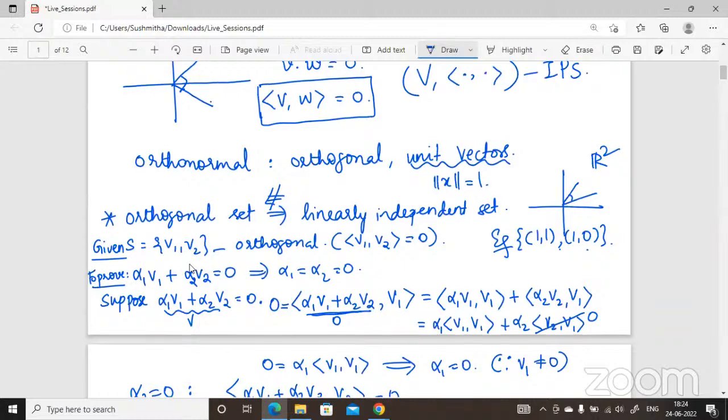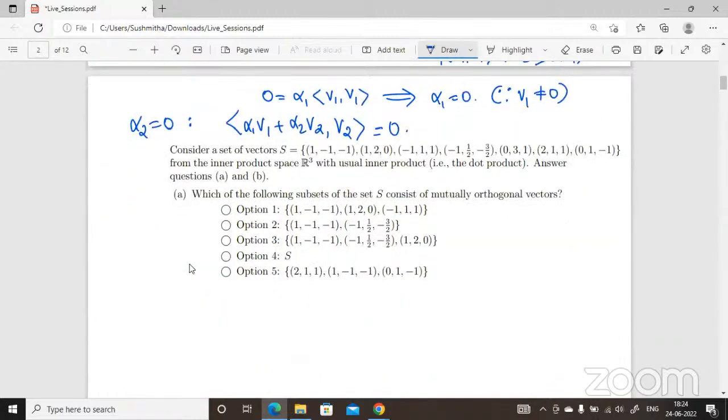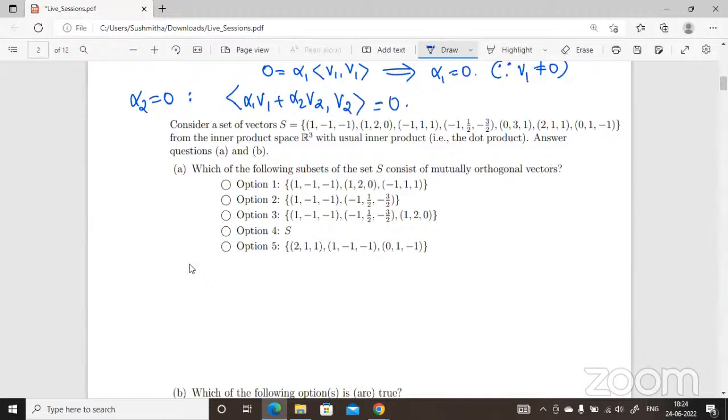Okay. So maybe we'll quickly do some problems and proceed. Here you're given a set S of seven vectors from the inner product space R3 with the usual inner product, that is the dot product. First of all, tell me, can the set S be orthogonal?